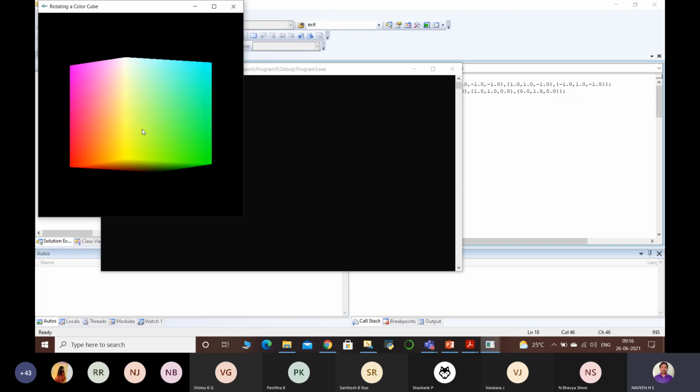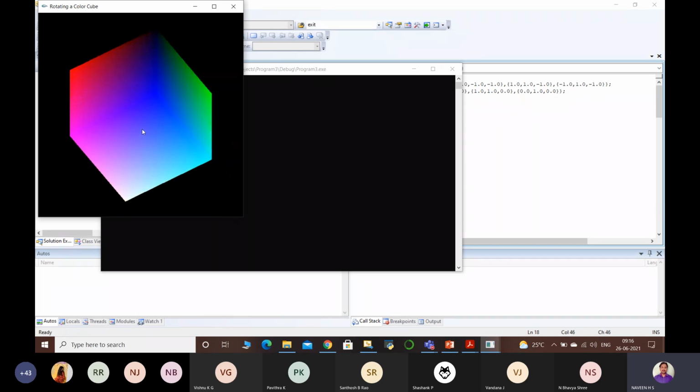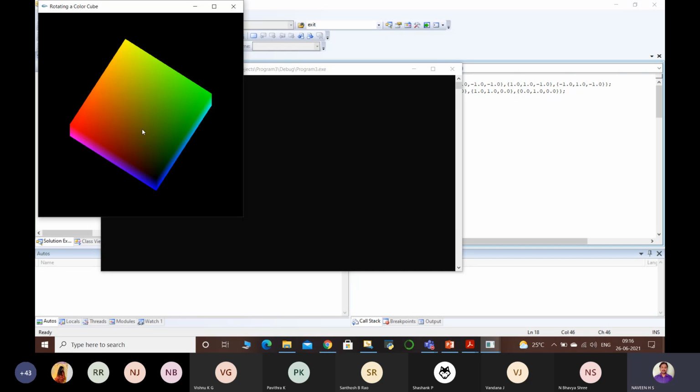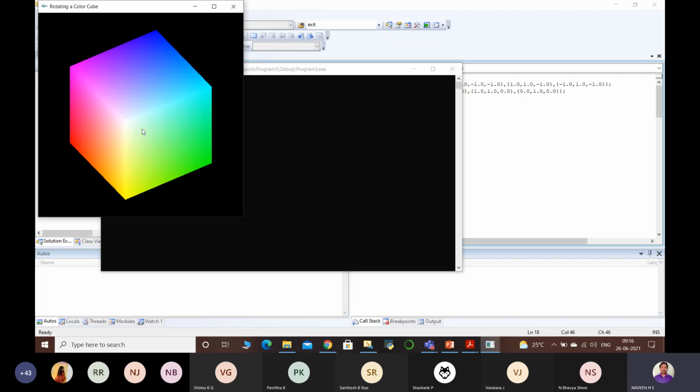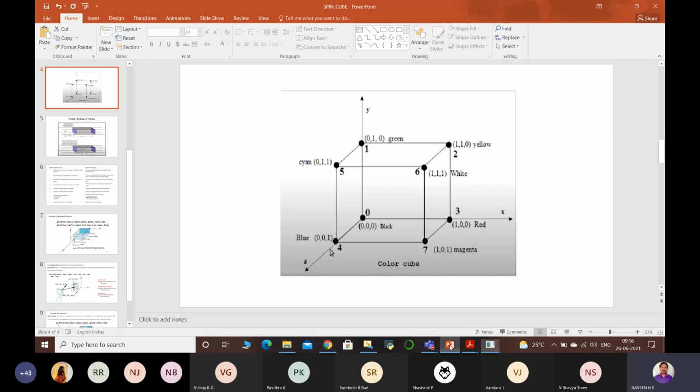But at the sharp vertices, you can differentiate the different colors. That is what we have mentioned here in this color combination: green, yellow, red, magenta, blue, cyan. The same thing you are visualizing here.